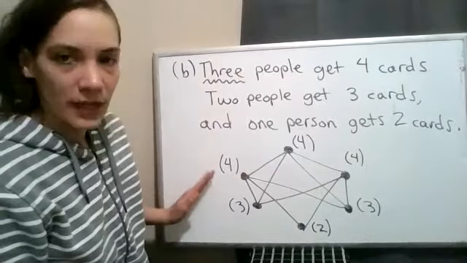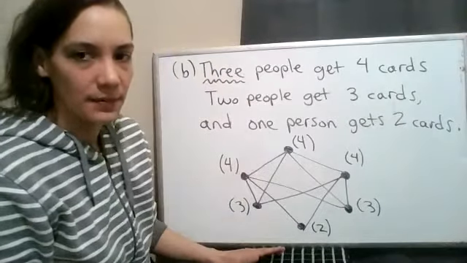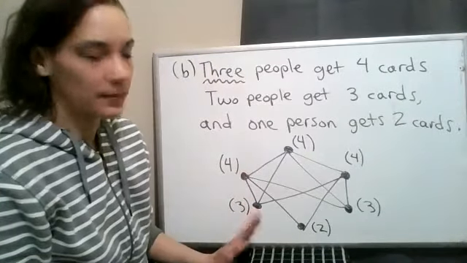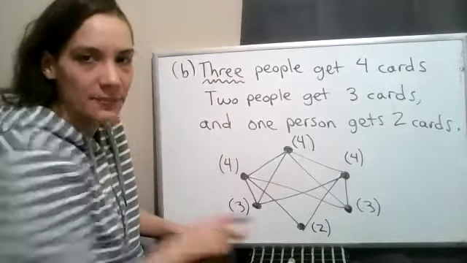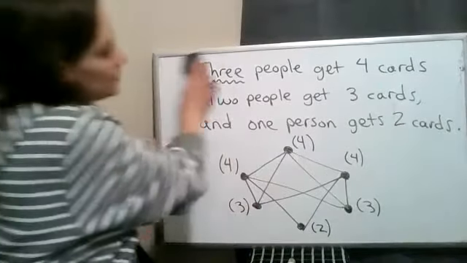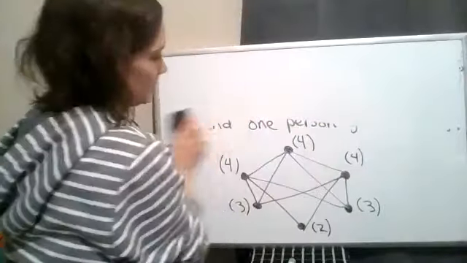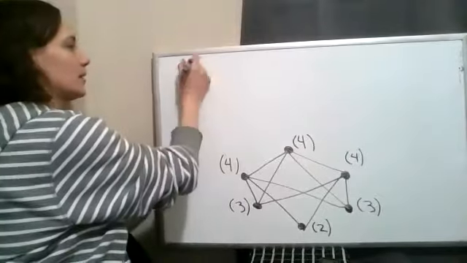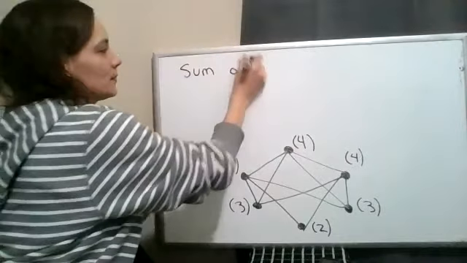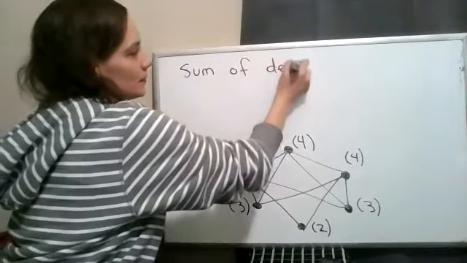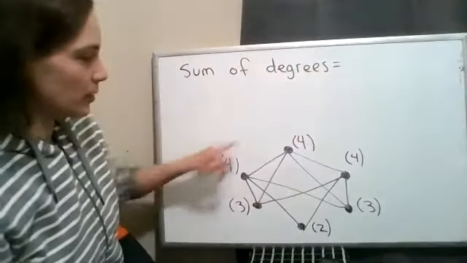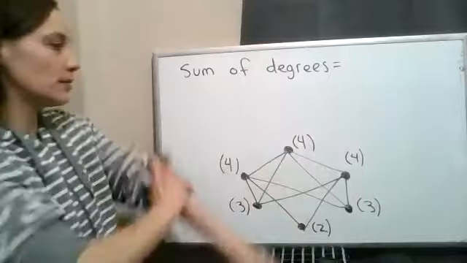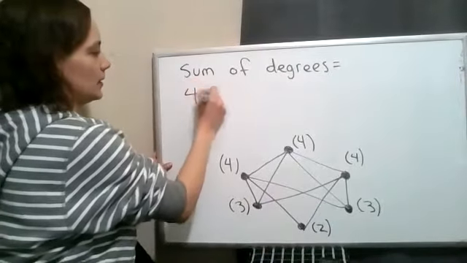Being able to visualize and label each vertex with its degree and find the sum of all of the degrees. Okay, so 4 plus 4 plus 4, which I'll write down.